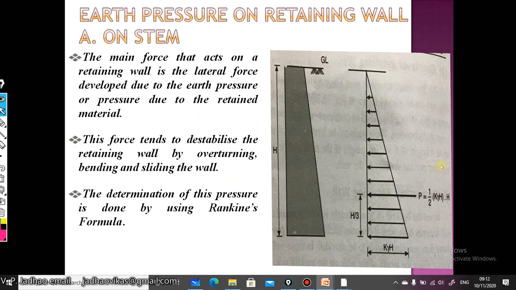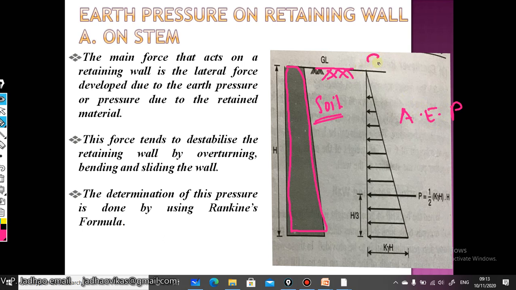Earth pressure on retaining wall, it is already explained that if we have our retaining wall like this, and it is retaining some material or soil mass on the left hand side, the pressure will be developed on the retaining wall. This particular pressure is called active earth pressure.